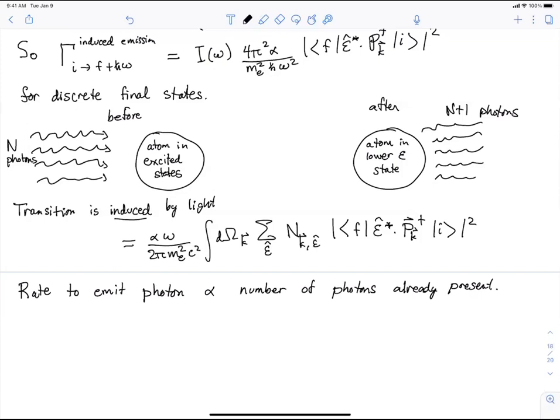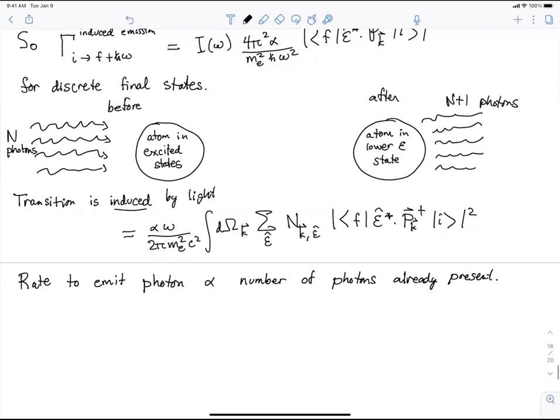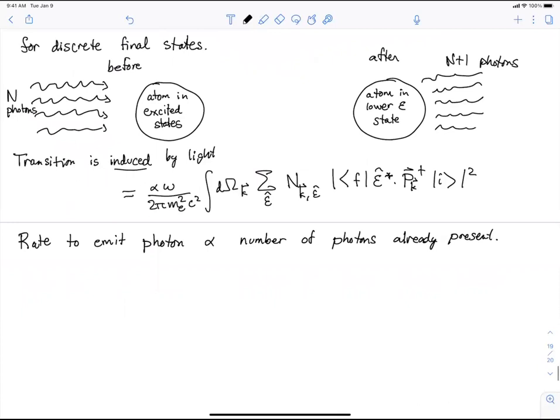But that might seem kind of weird because let's say I have an atom in an n equals 2 state of hydrogen and it wants to decay to the lower state. That's allowed by energy, so why shouldn't it be allowed to do that? And the answer is it can't. It's just that the calculation we've done doesn't show that. And so the calculation we've done isn't quite exactly right.